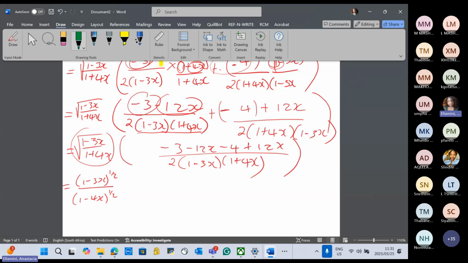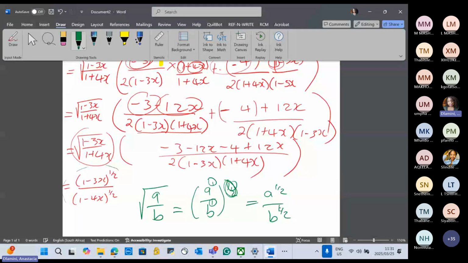Currently, what we have is the square root of A over B, so we can write it as A over B to the power of half. But we know this is to the power of 1. According to the exponential law, this times this is A to the power of 1/2. So that's what we get here.